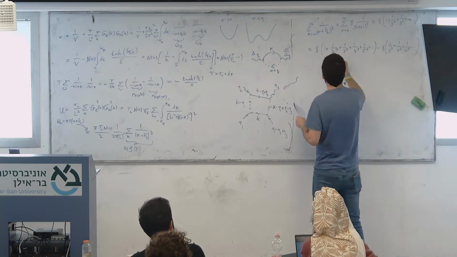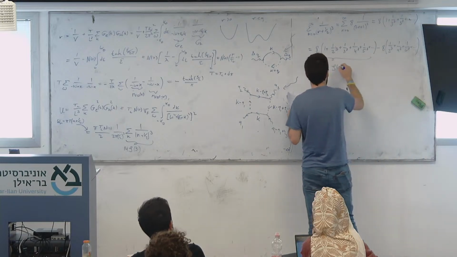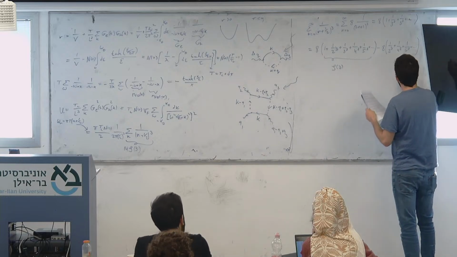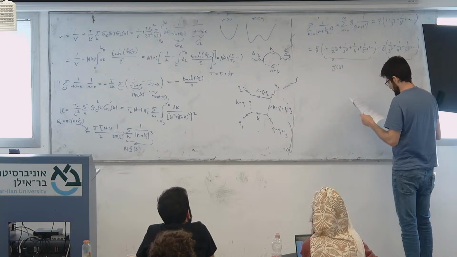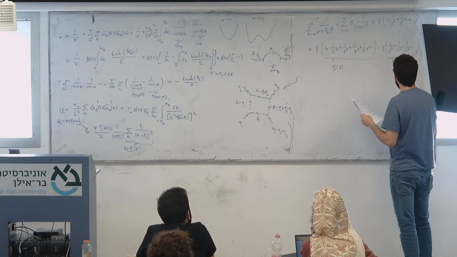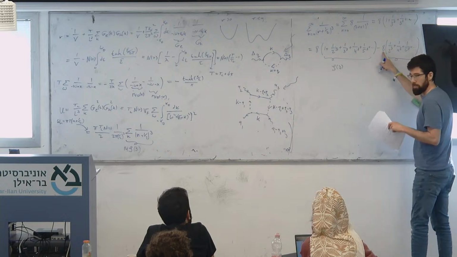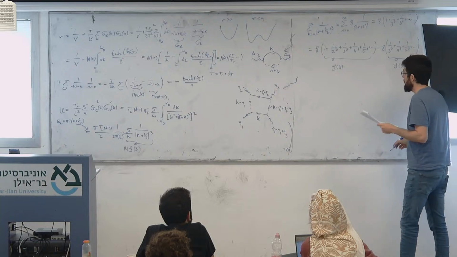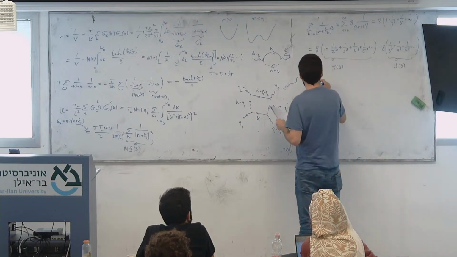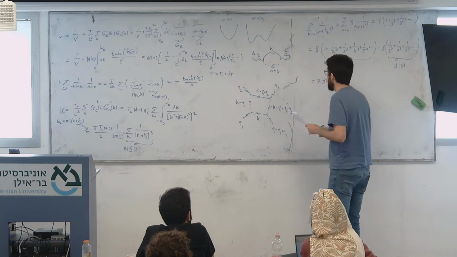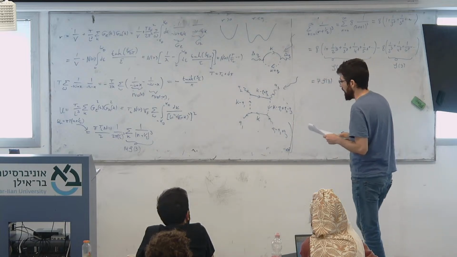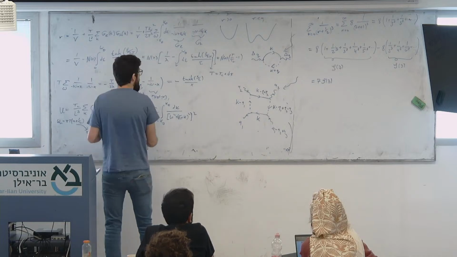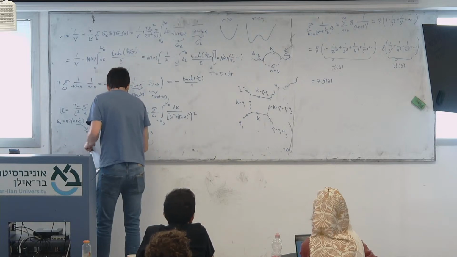Now this guy in here is just zeta of 3 by definition. And this guy, if I take the 8 out, then you just get zeta of 3. So altogether, this guy gives 7 zeta of 3. Oh, sorry, no, this is 14 zeta of 3.